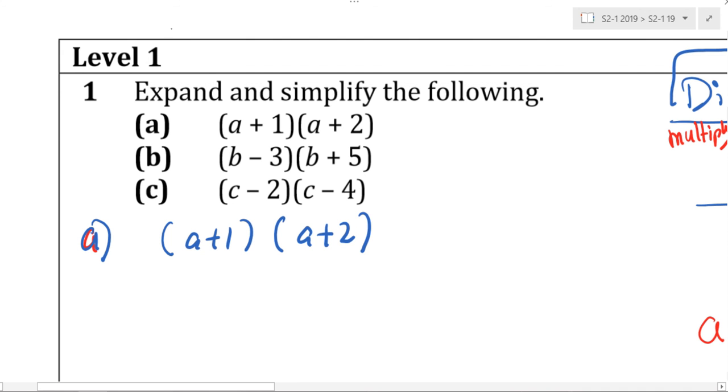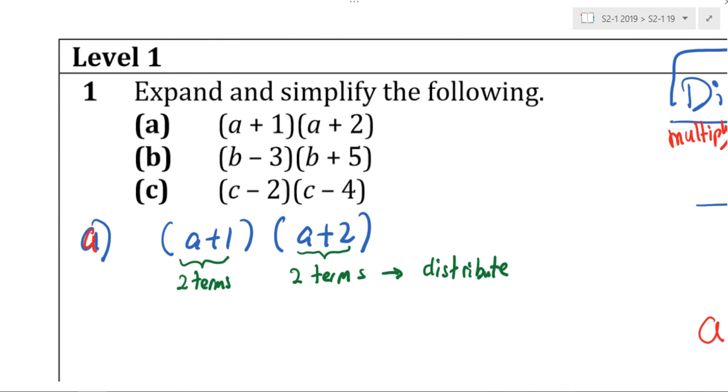Can you write down over here, how many terms are there? 2 terms. Over here, how many terms are there? 2 terms. Does that trigger you to distribute? What is going on there? Nothing. Okay. Continue. So, how to distribute?